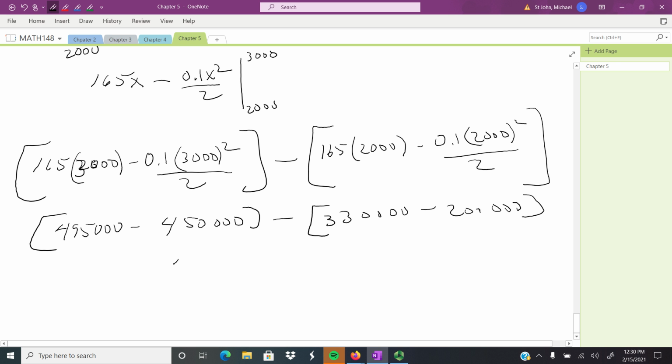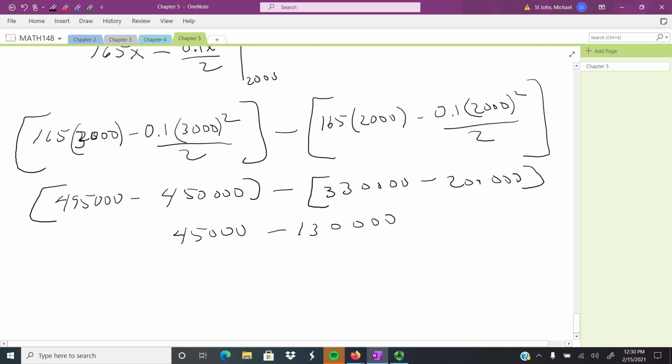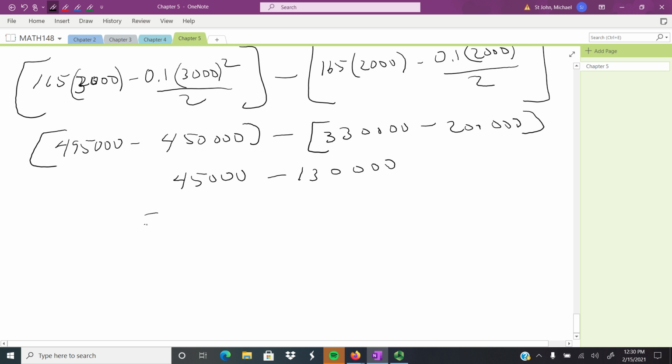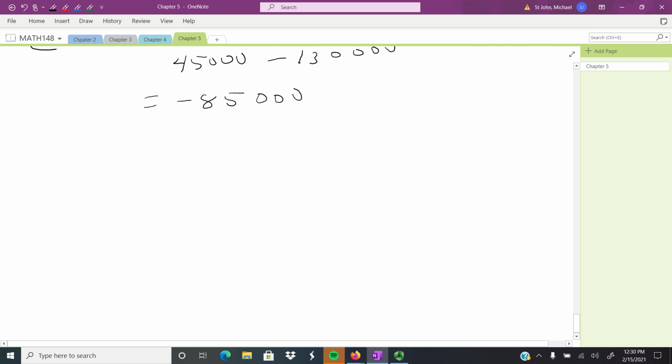So this is going to be 45,000 minus 130,000. And so here we end up with a final value. What this tells me in the case of this scenario is that if we go from 2,000 to 3,000, we're going to end up losing $85,000. So that change would not be good.